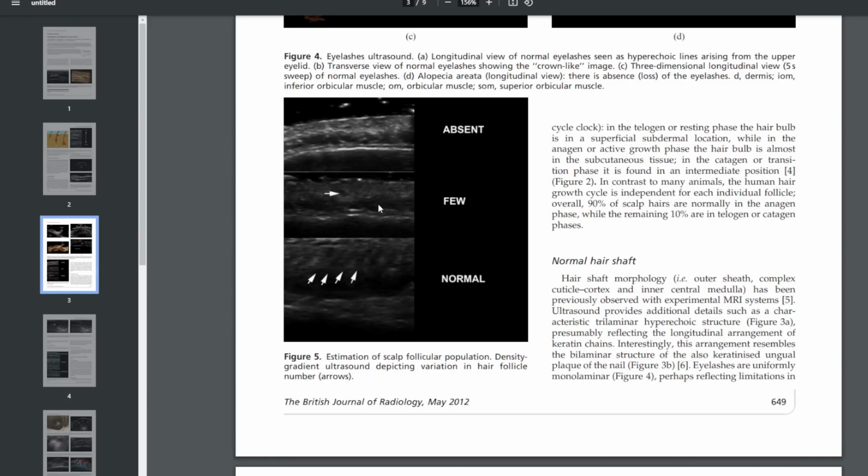Or maybe you can see areas of the scalp that, possibly with longer term treatment, you may be able to get a sort of increase in hair.